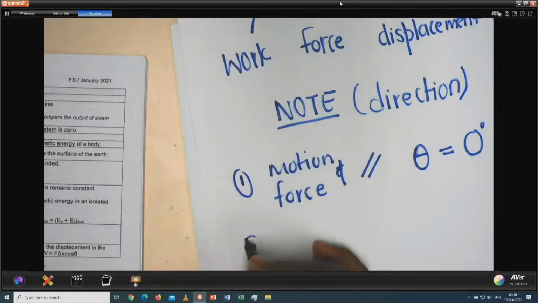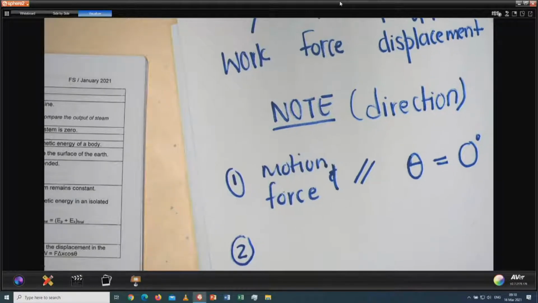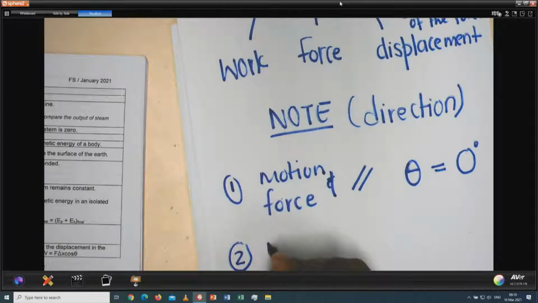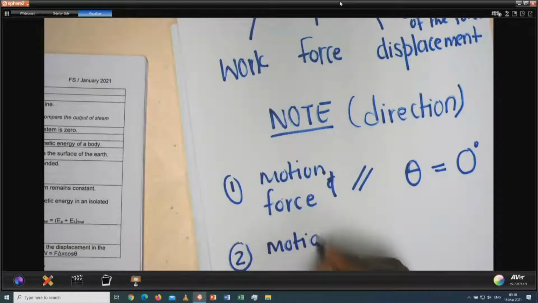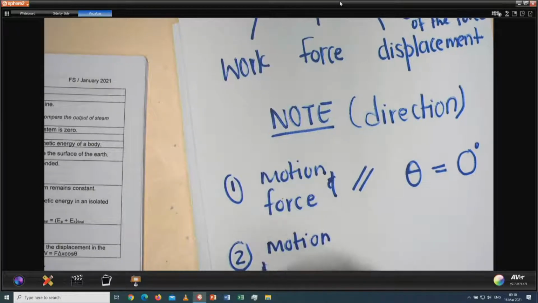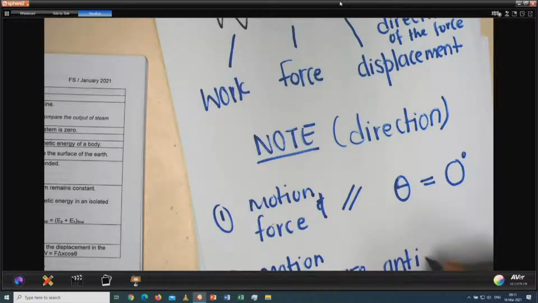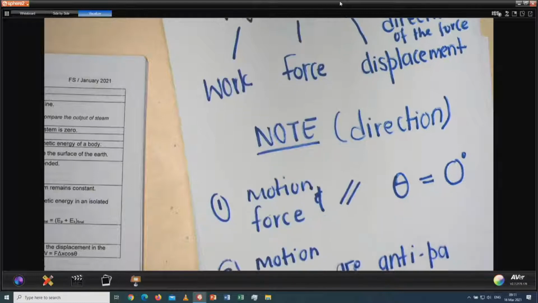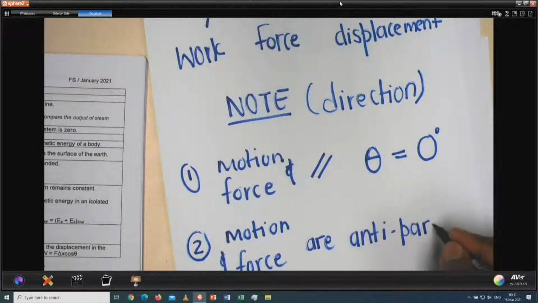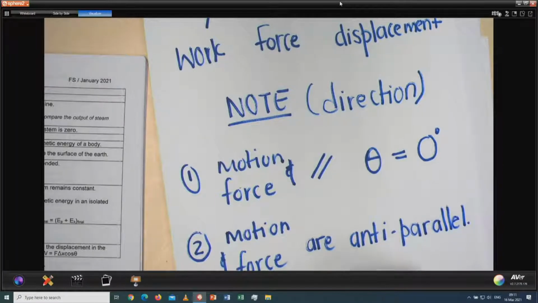Then the second thing that we must note is that if motion and the force are anti-parallel, I forget the symbol for anti-parallel, so I'll just write it in words, they are anti-parallel, then theta will be equal to 180 degrees.